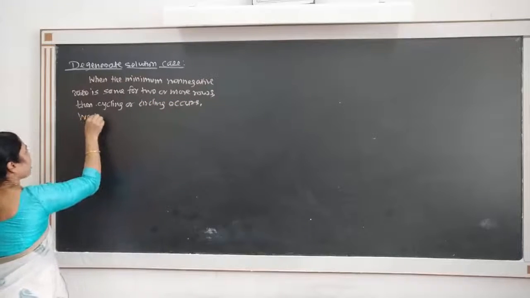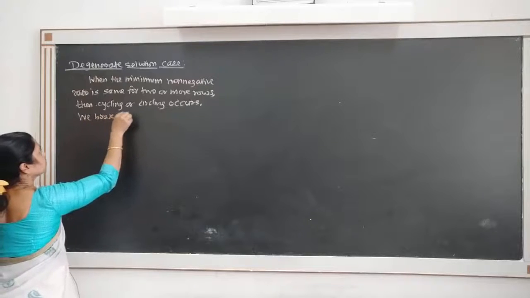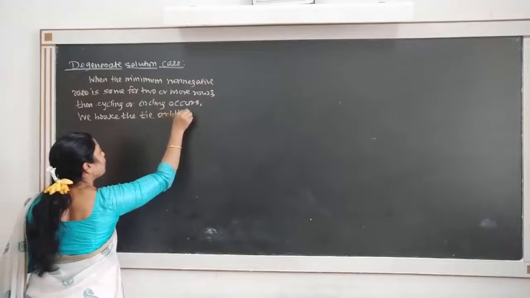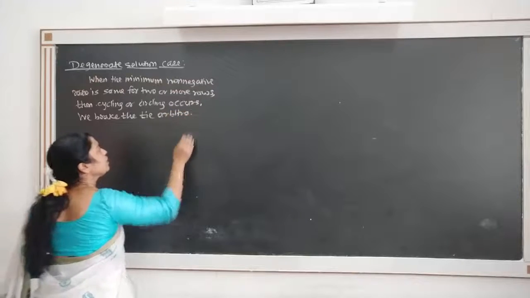We break the tie arbitrarily, that is both values are same, so we can choose any value.